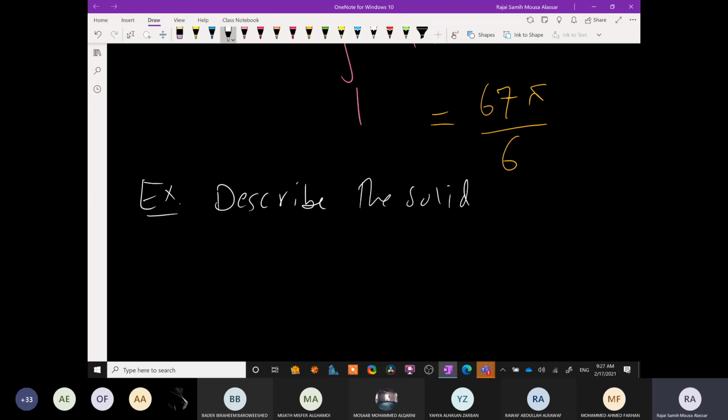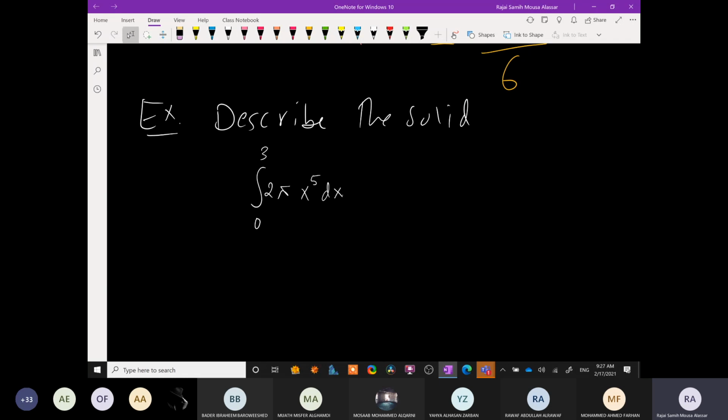I have the integral from 0 to 3 of 2 pi x to the power 5 dx. So what is this solid whose volume is given by this?